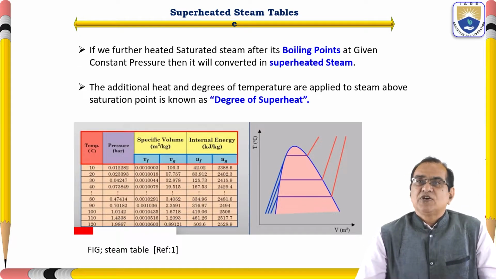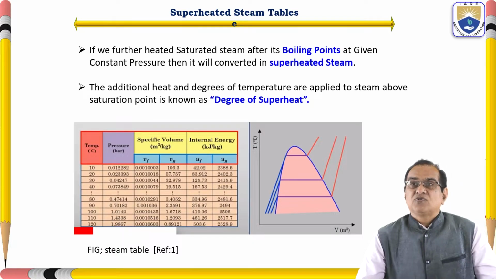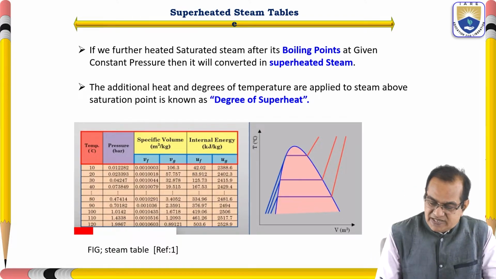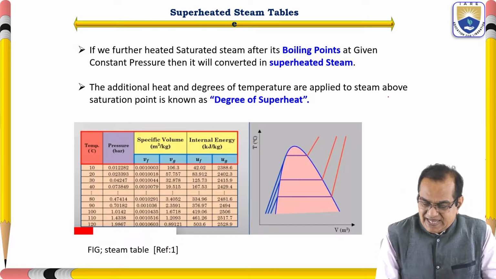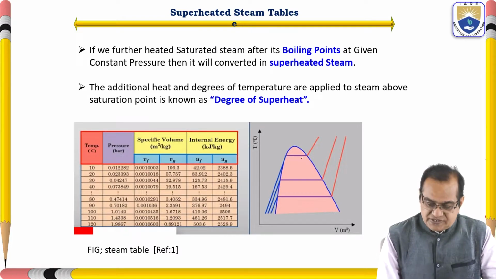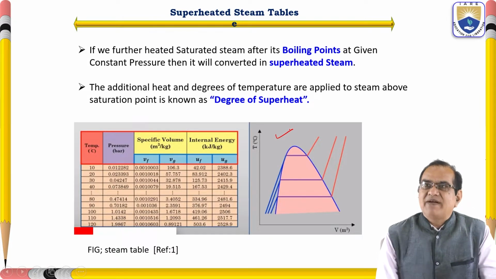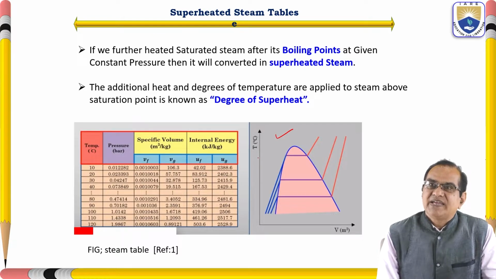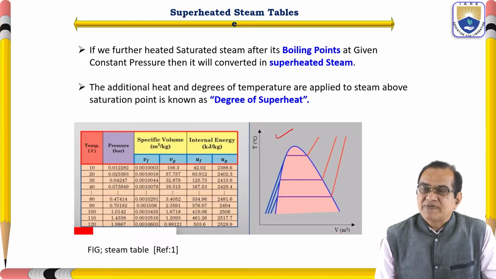So here superheated steam tables are shown. What is the meaning of superheated? We should understand from this diagram, which is a plot of T versus specific volume v.